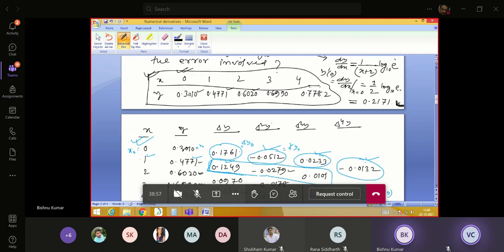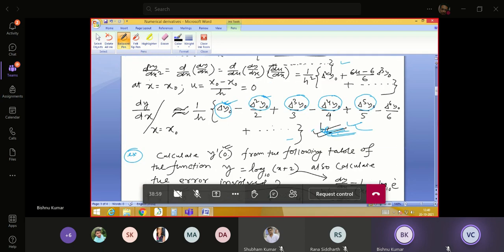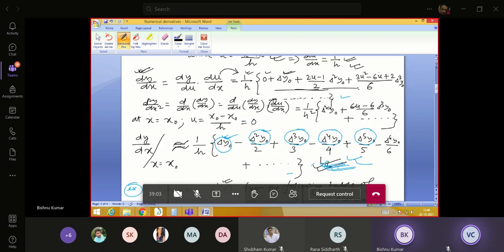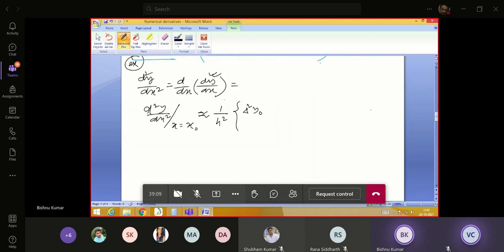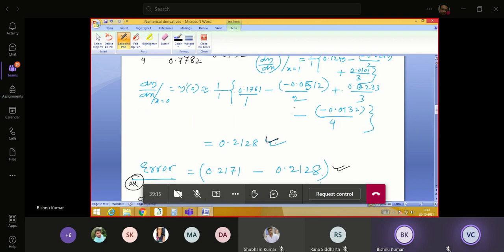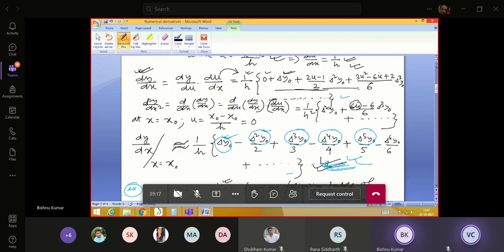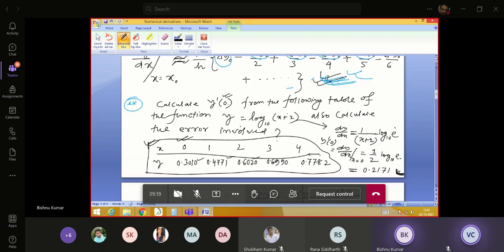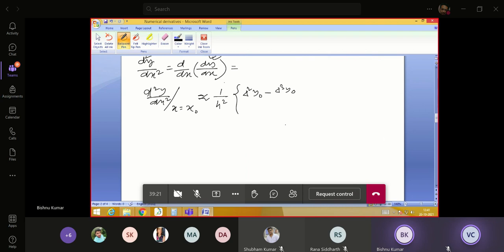You just see, in place of u you have to put 0. So it will be minus 6 by 6 means minus del cube y0. Okay, no problem. And the next term will come.